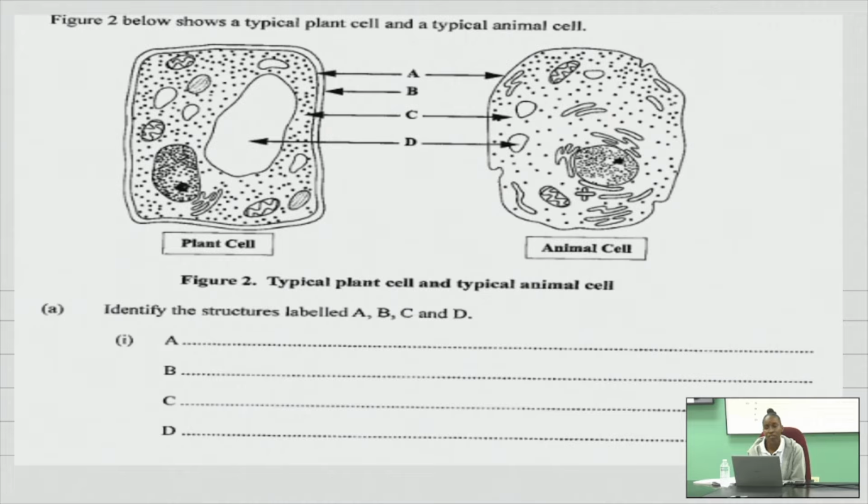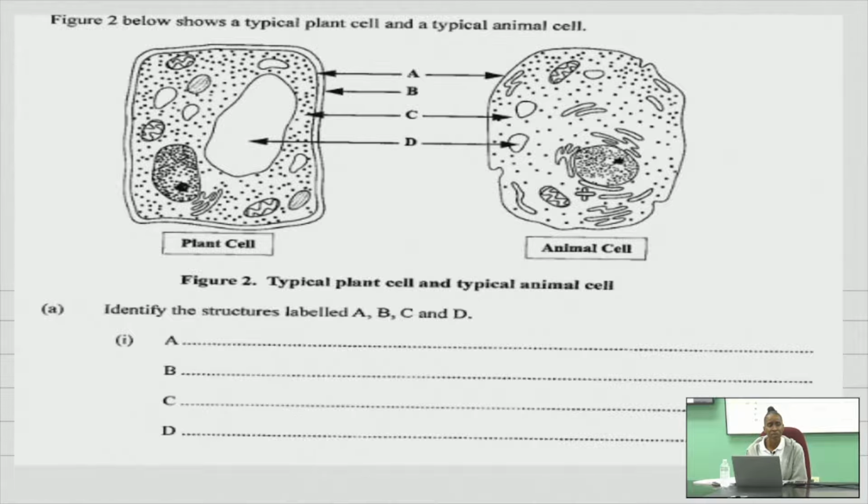So first we have our cell membrane, which is A, and we know that our cell membrane by design or by structure is supposed to be selectively permeable, which means it only allows certain substances to enter the cell. So the main role of your cell membrane is essentially to act as a filter or as a guard, which only allows certain substances into the cell based on its composition or charge.